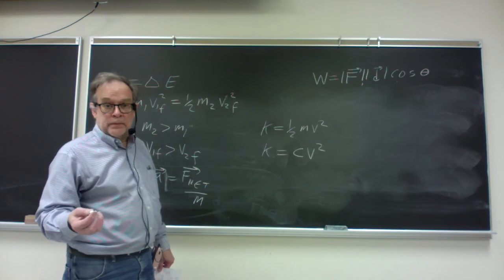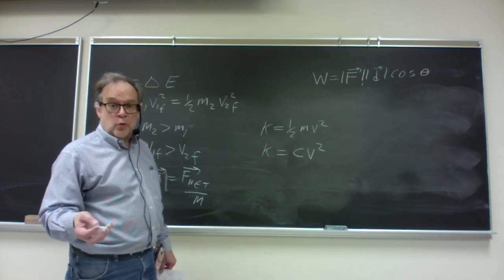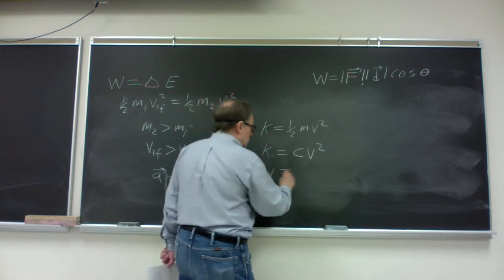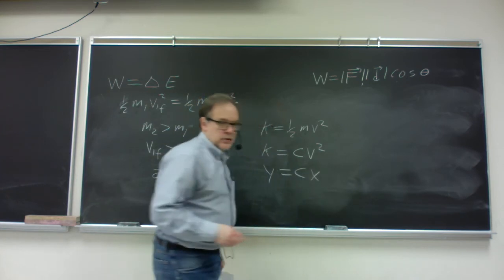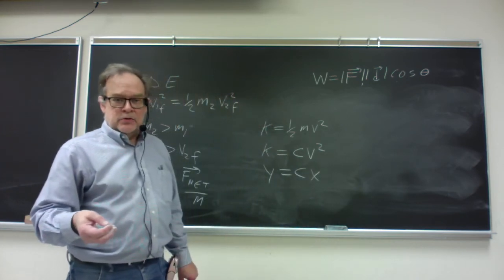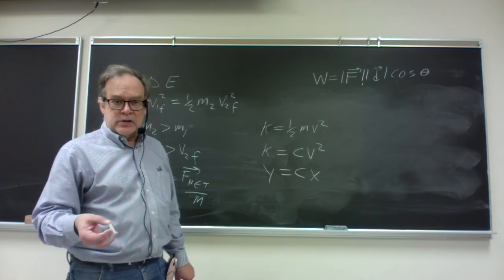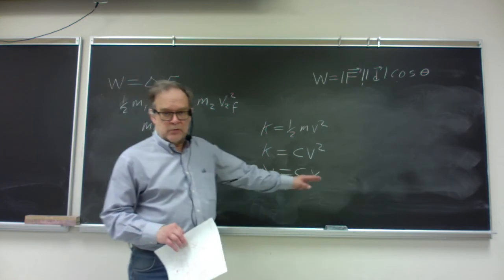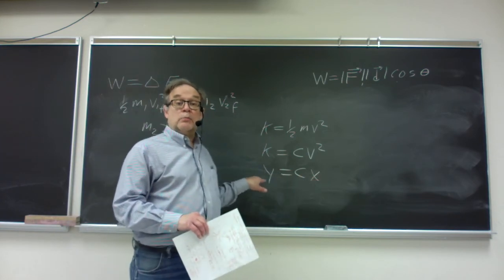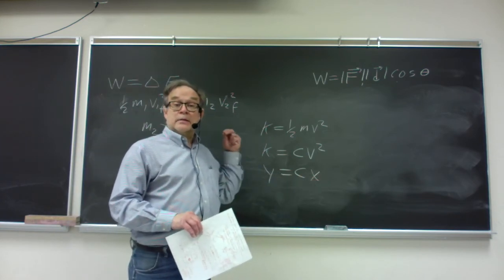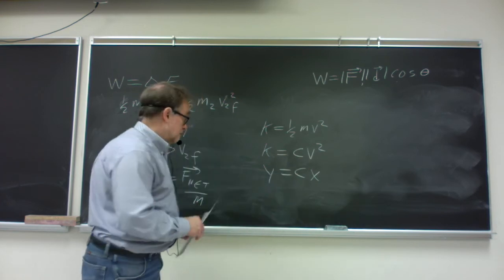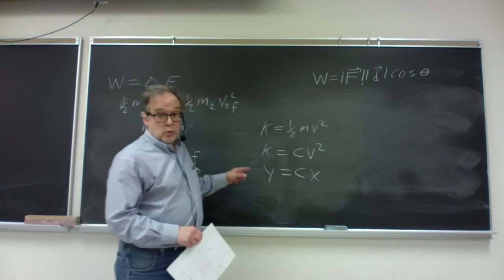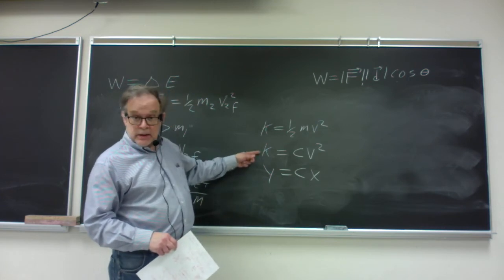That's the general algebraic form for direct proportionality. One variable equals a constant times another variable. And then direct proportionality means when one variable changes by some factor, the other variable must change by the same factor.